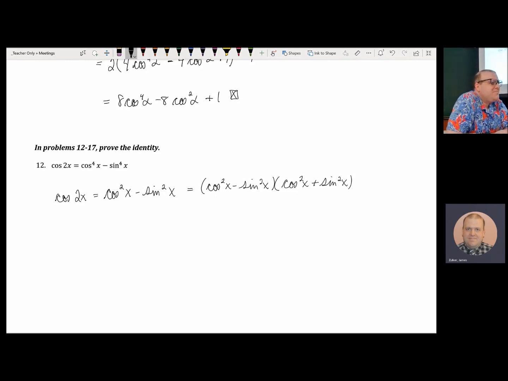Wait a minute. Oh, because it equals 1. Cosine squared plus sine squared is 1, so I can just multiply by it whenever I want. But that is cosine to the fourth minus sine to the fourth.